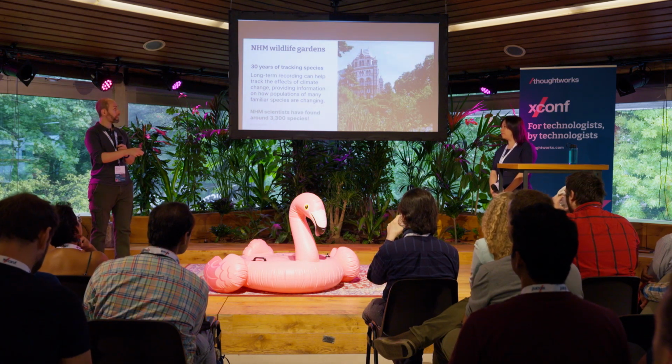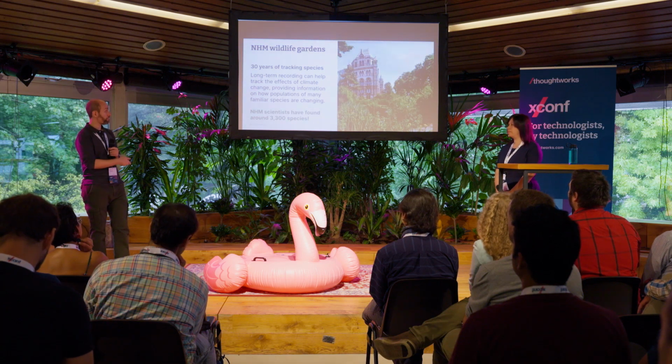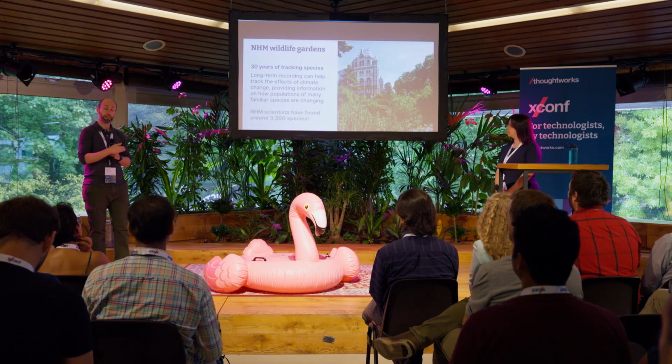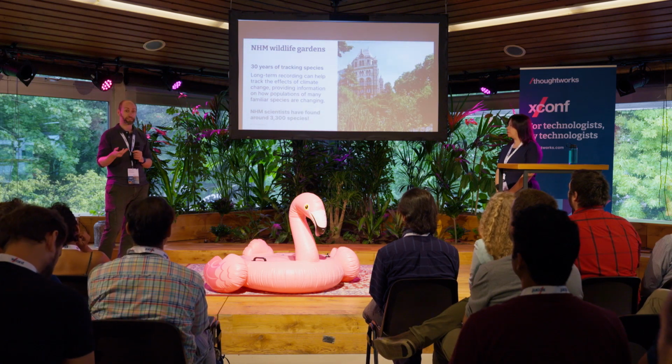But just around the gardens in central London, they've got this big wildlife garden, and they've been following and tracking species over the last 30 years. And Martin was just speaking about the donuts of Kate Raworth's donut economics, and one of the things was biodiversity loss. And what the scientists here have been tracking is long-term biodiversity using the amounts of species in different habitats and things like that.